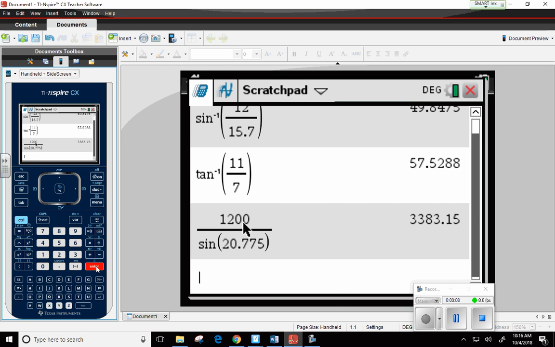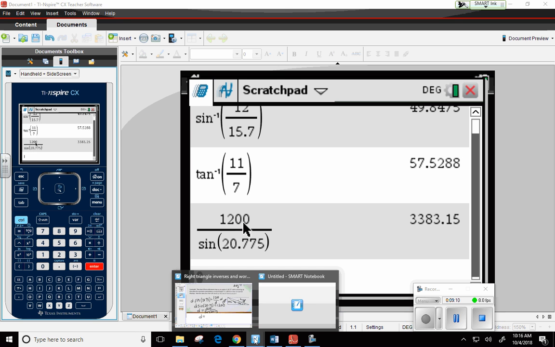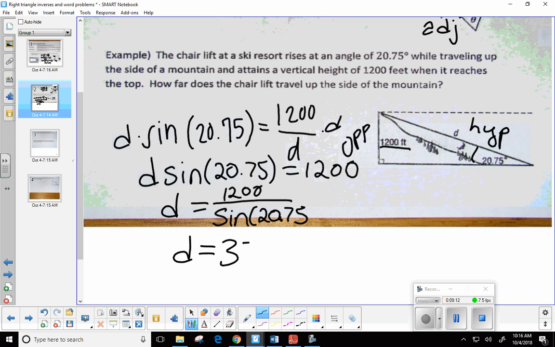So we have 3,383 feet. Does that make sense? Yes. Great.